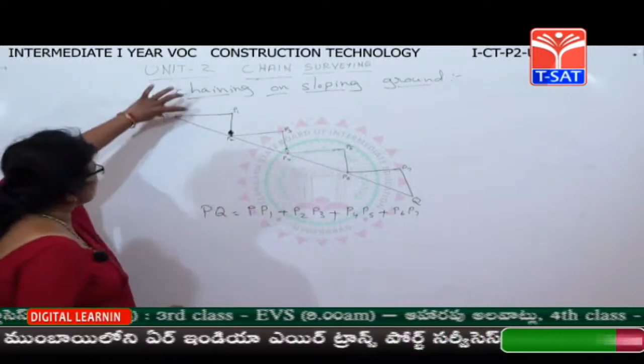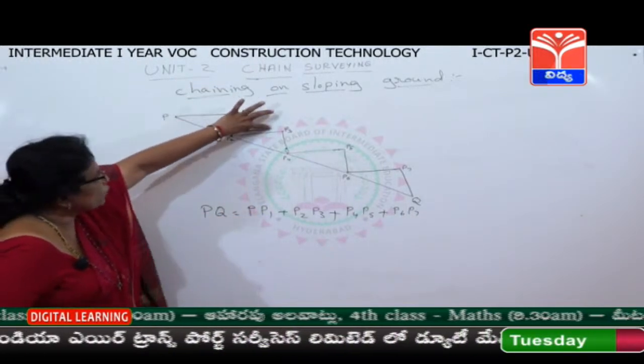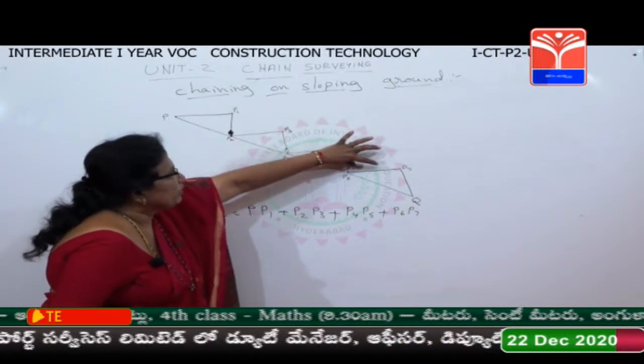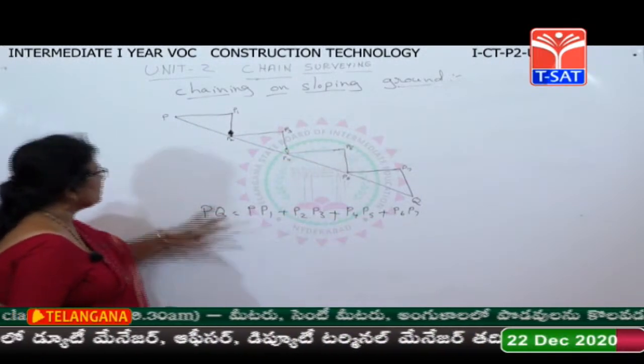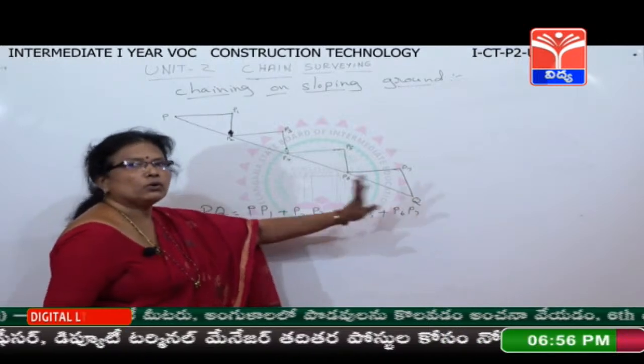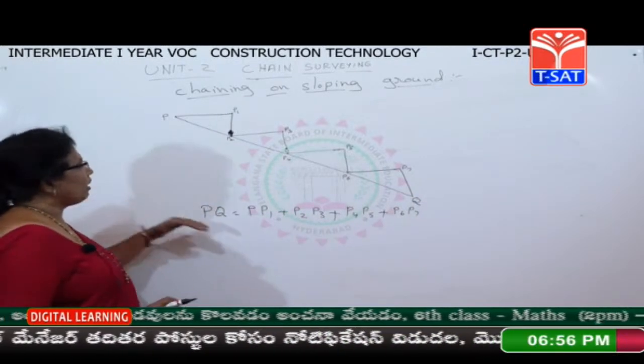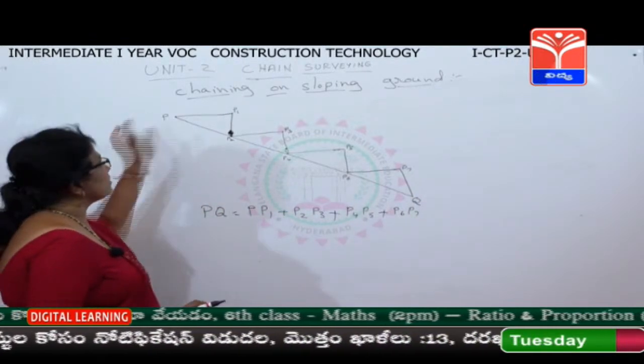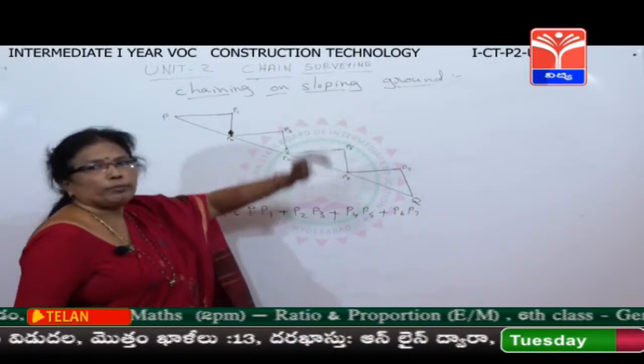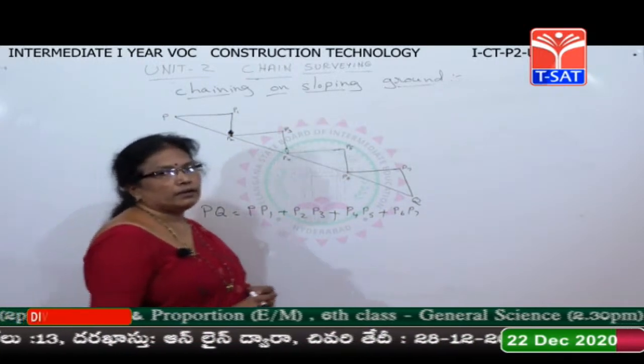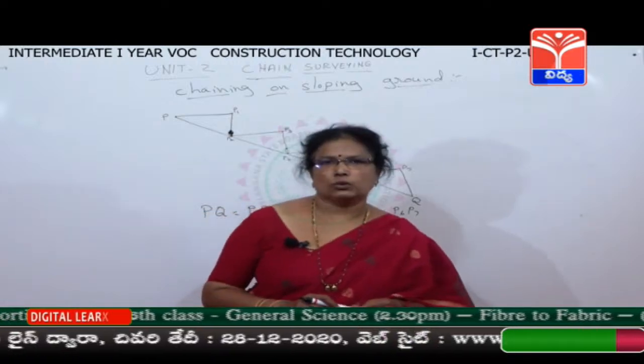When you add these distances, you will get the distance from P to Q. This is how you have to measure the distance on a sloping ground. Now coming to Telugu.